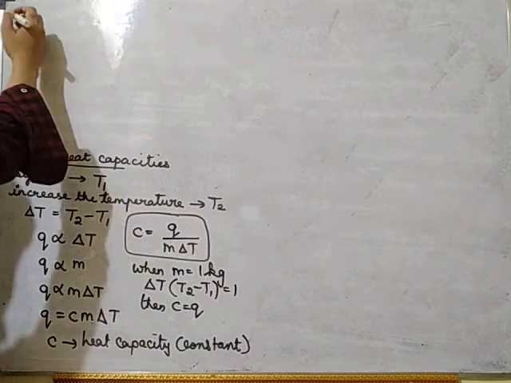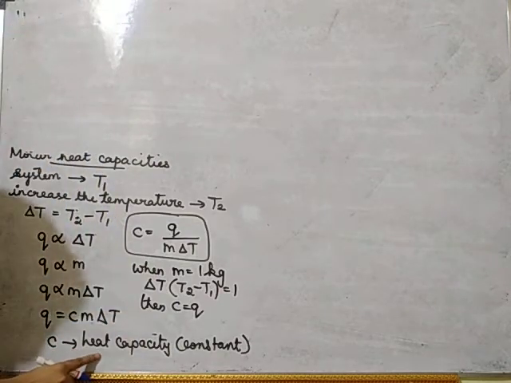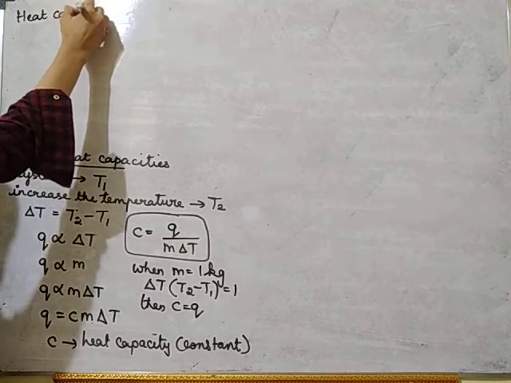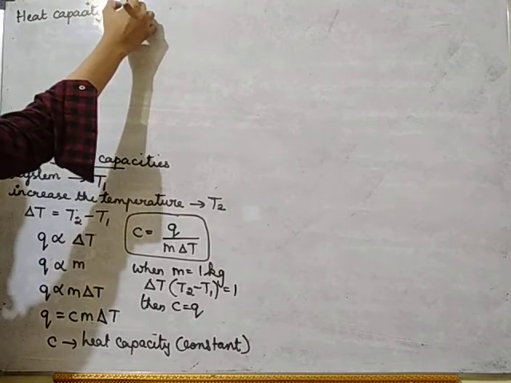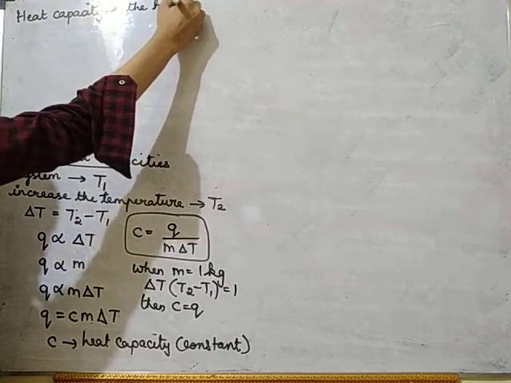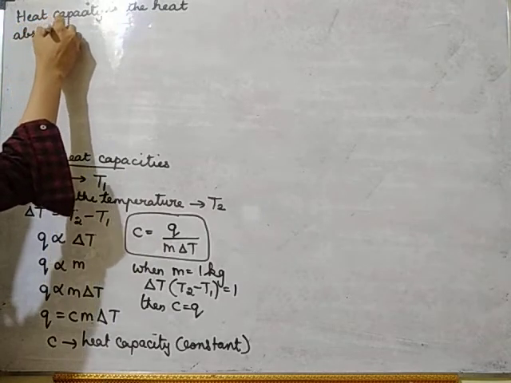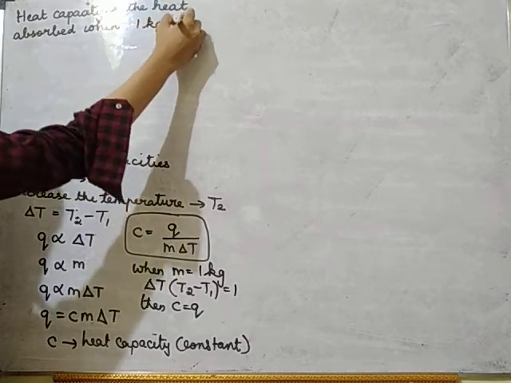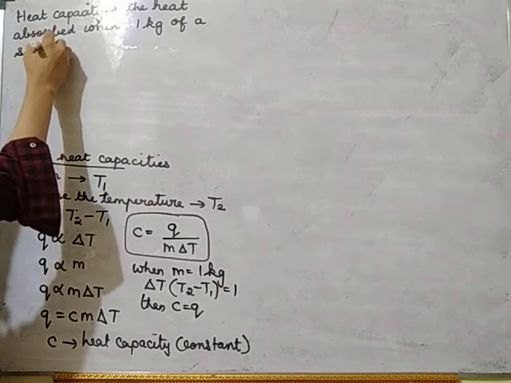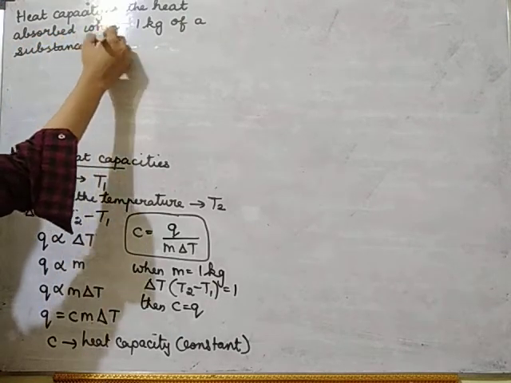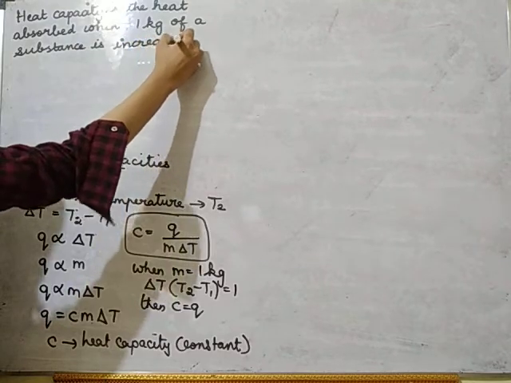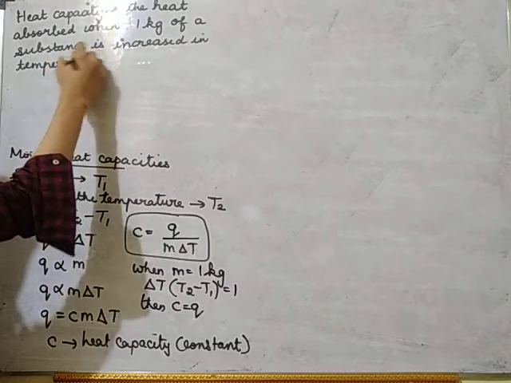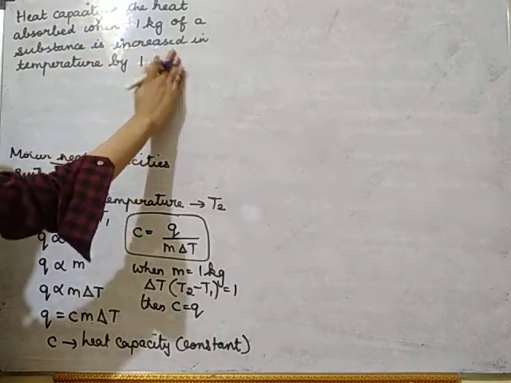So what will be molar heat capacity? C is heat capacity. First we will write the definition for heat capacity. Heat capacity is the heat absorbed when 1 kg of a substance is increased in temperature by 1 Kelvin.